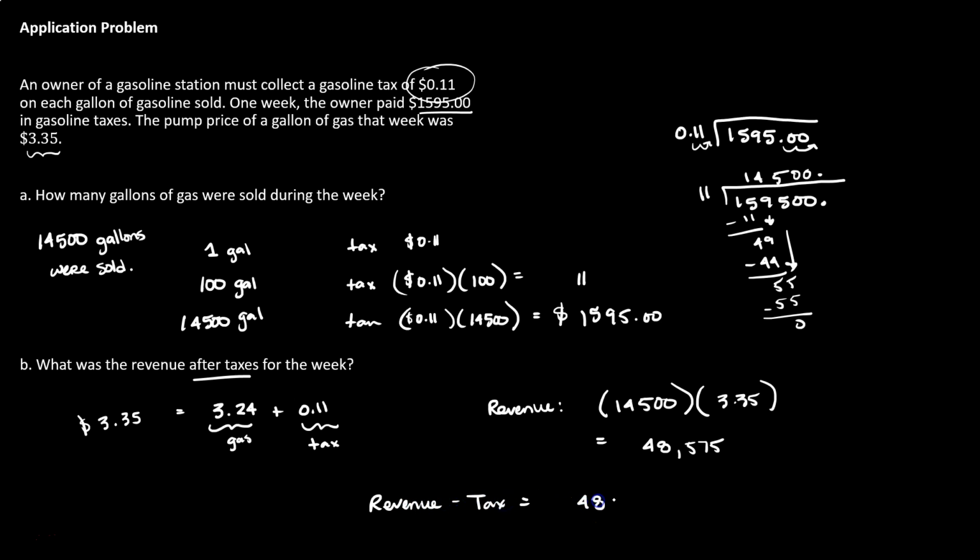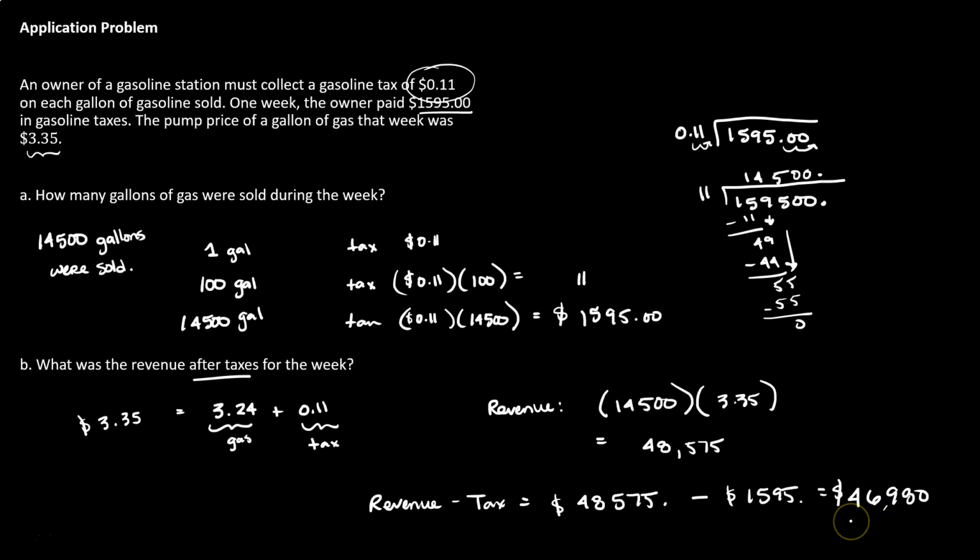So $48,575, and that is a whole number here, minus the tax, which was $1,595. That gives us $46,980. That's the revenue.